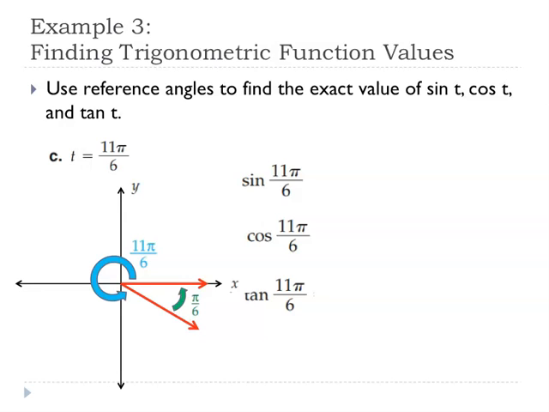So that means that sine of 11 pi over 6 is the same as negative sine of pi over 6. Cosine is the one that stays the same, so this is equal to positive cosine pi over 6. And tangent is going to be negative, so this is equal to negative tangent of pi over 6.